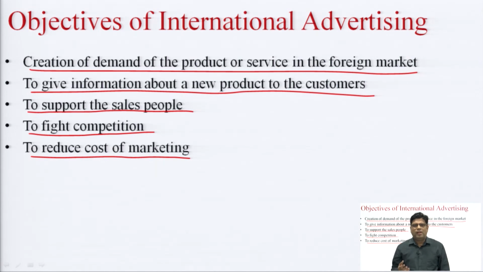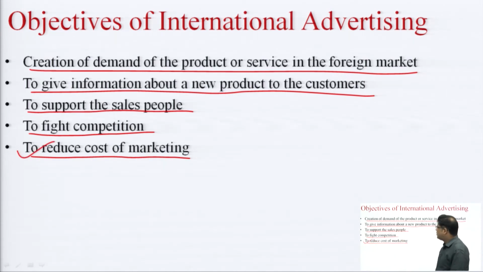Once an organization builds an army of loyal consumers, those consumers will do a lot of advocacy for the product. They will bring in a lot of customers through referrals and through publicity, and publicity, as we know, happens through word of mouth. So, in the longer run, the advertising cost will come down, the marketing cost will come down. If sensible advertising is done, it is surely going to help the organization reduce the cost of marketing in the longer run.